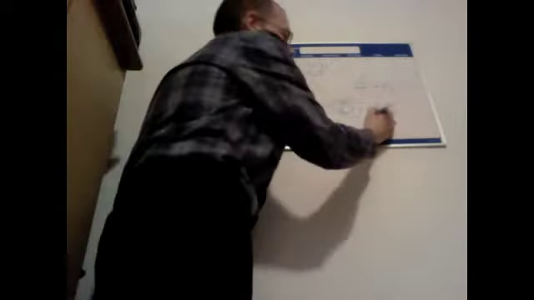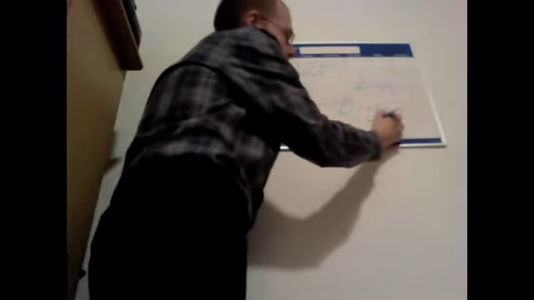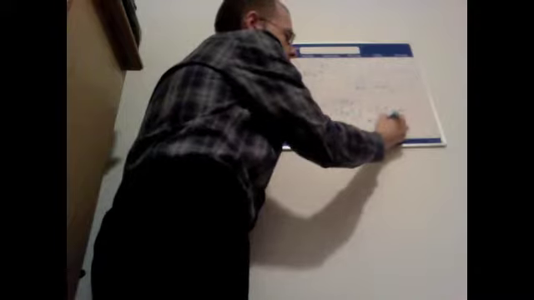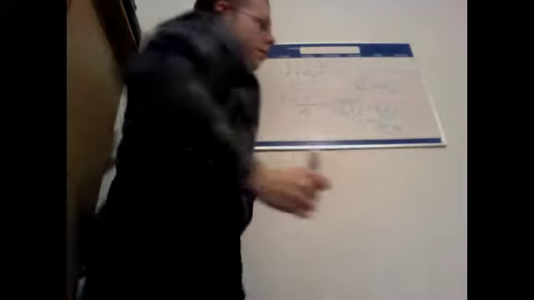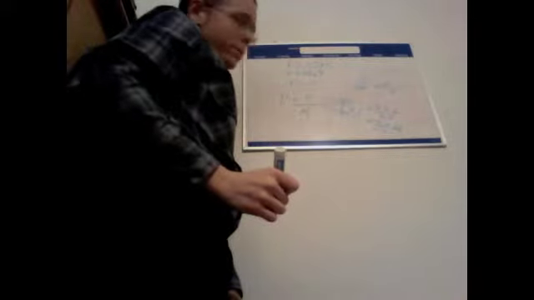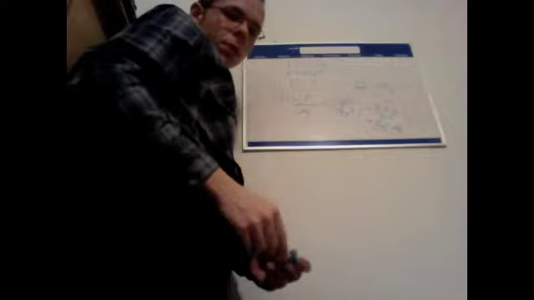Well, it turns out that 2.5 N over m squared actually becomes 2.5 pascals. Alright, rewind this video and play it again if you are unsure of how I got that answer.